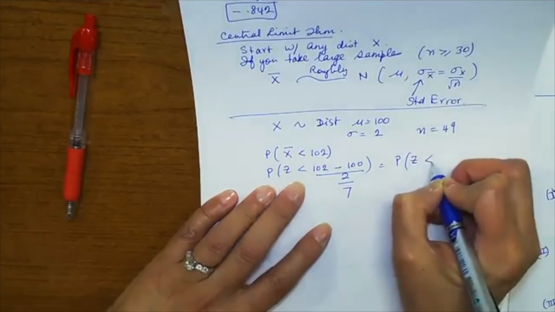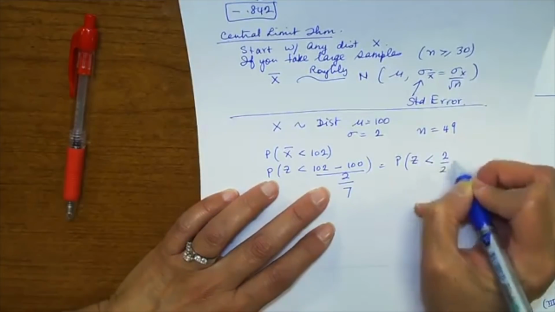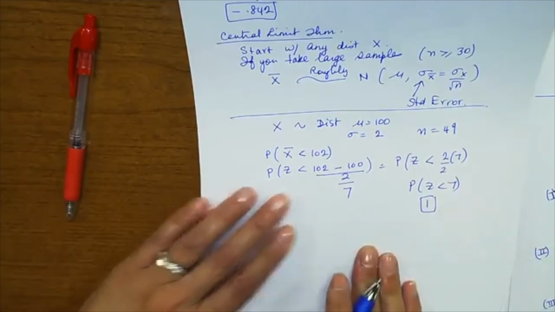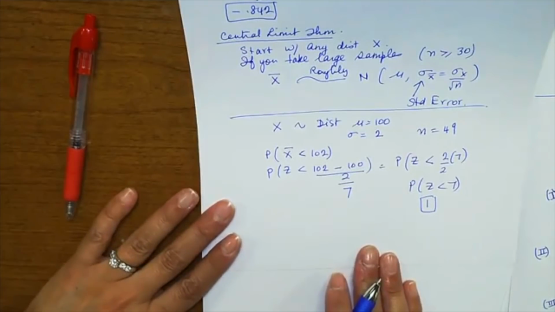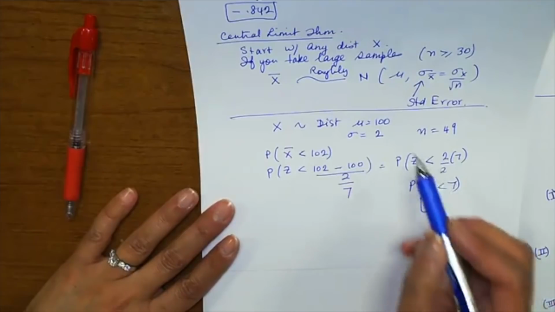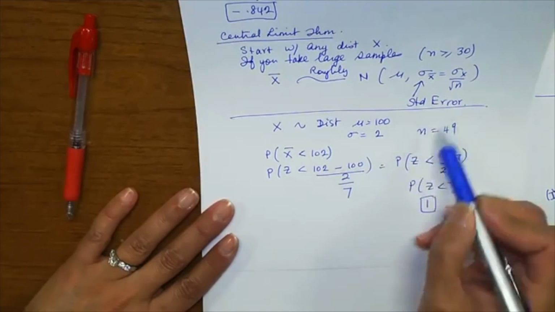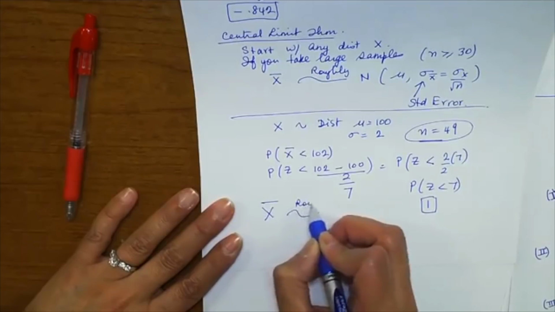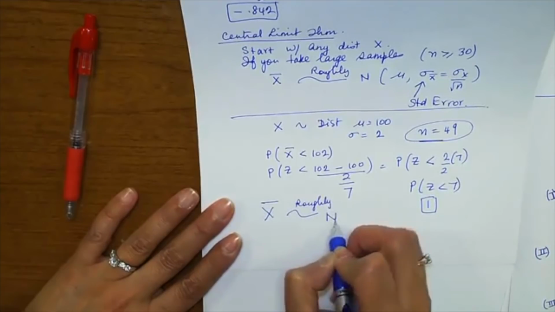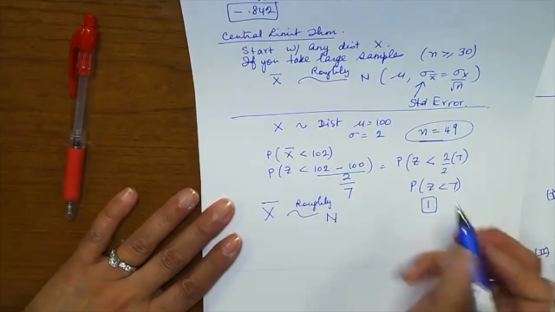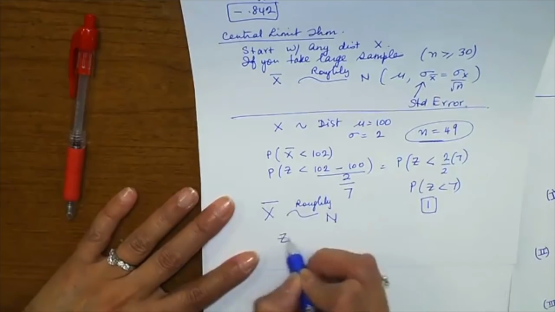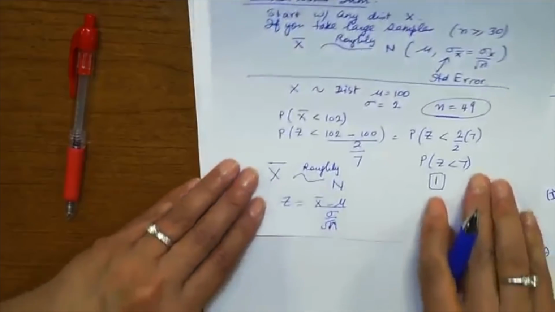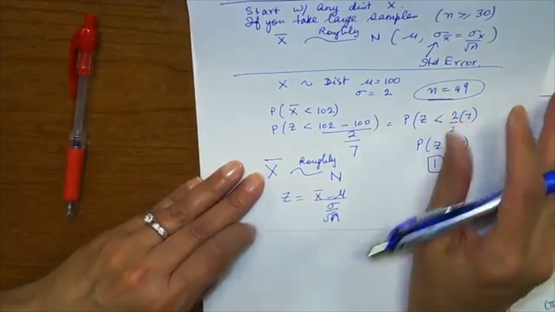So probability z less than 2 over 2 over 7. Probability z less than 7 is 1. Finish. Right? So it's allowing me to do norm CDF on something because the sample size was big. So x bar is roughly normal, and I can go do z equals x bar minus mu over sigma over root n. I can go do that.